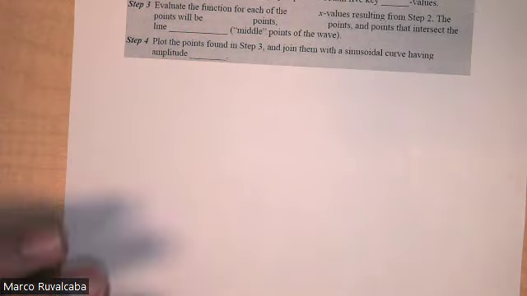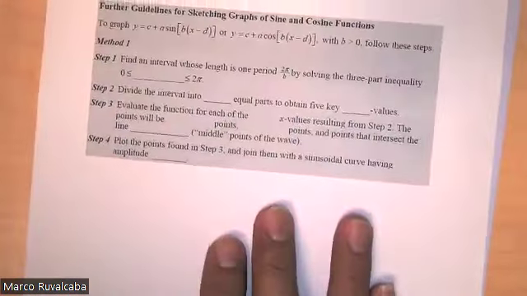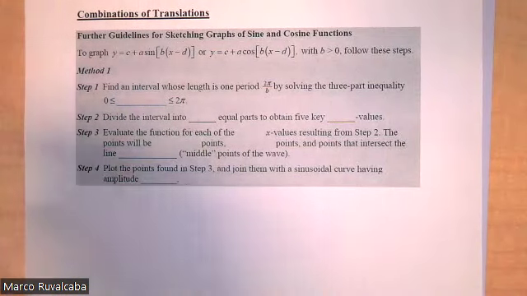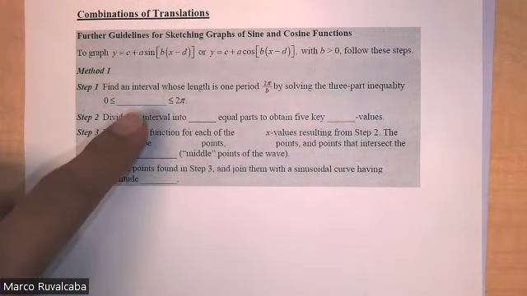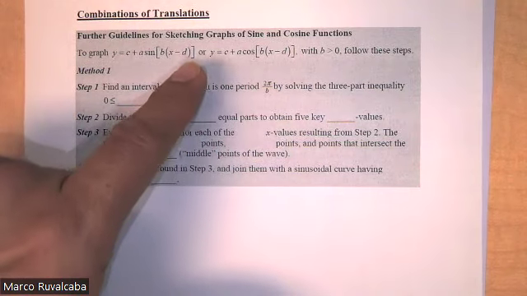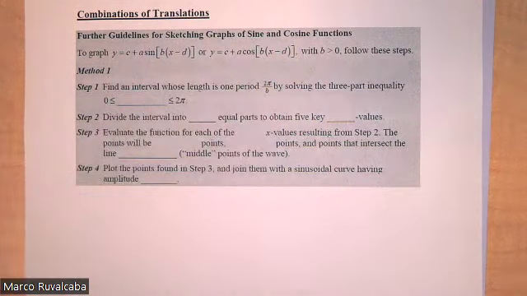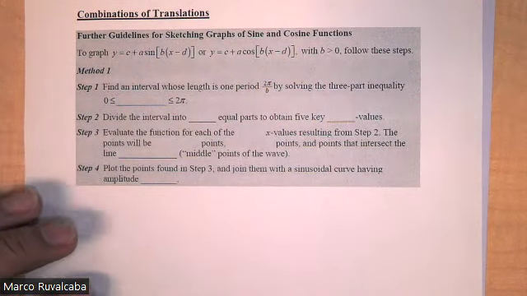All right. So in general, here's a generalization of what we did today. It says to graph these type of graphs, so these have translations either up or down, right? Or right or left.